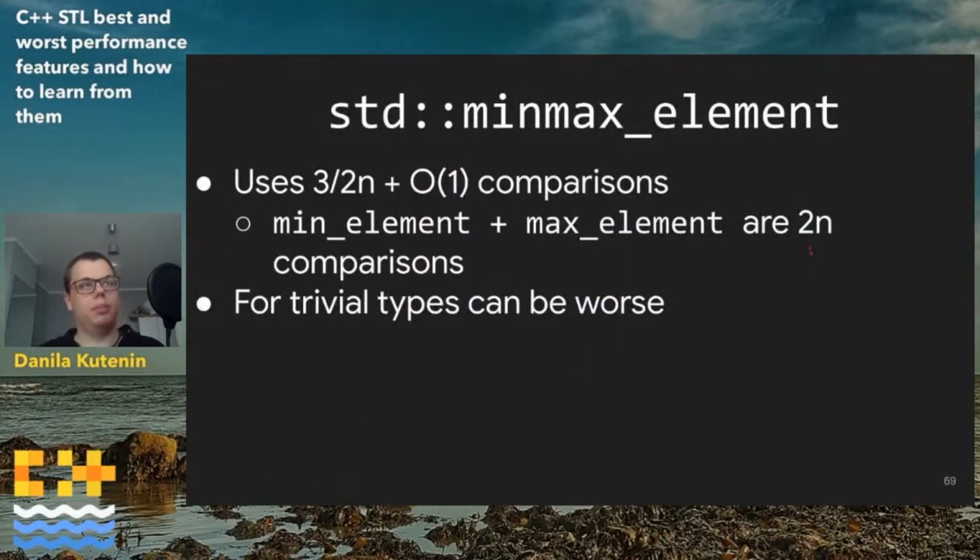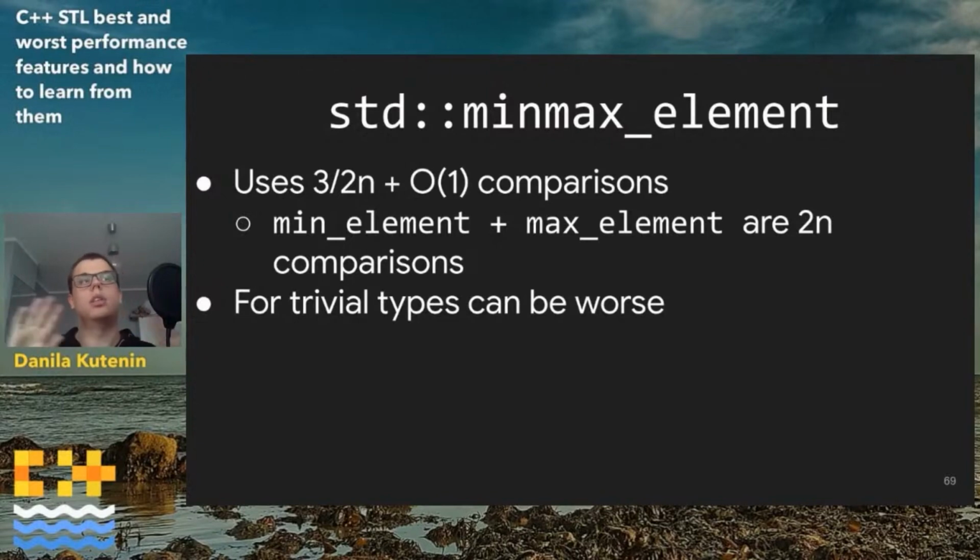Another algorithm with a bit of surprise is called standard min-max element. Standard min-max element does not call min element and max element and then just return the values. It uses 3 over 2 n comparisons. Basically, first it compares the consecutive pairs. Then all that lost the comparison, for example all that are lower, go in one place, and all that are bigger go in the other place.